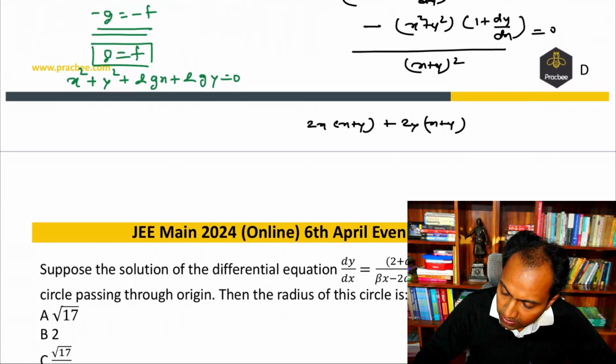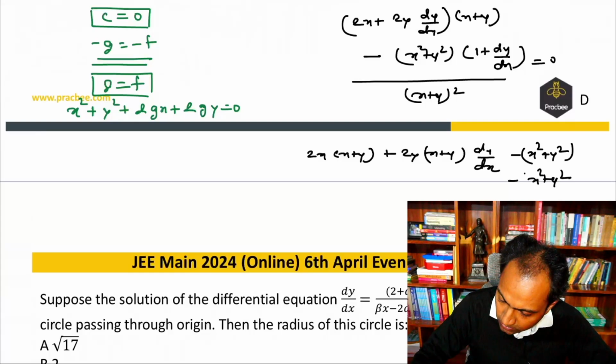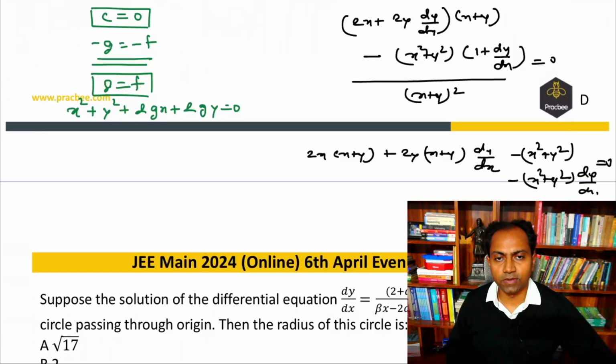dy by dx. The remaining part becomes minus x square minus y square, or we can take minus common, and minus x square plus y square dy by dx is equal to 0, because the denominator, if it goes on the right hand side, will become 0.